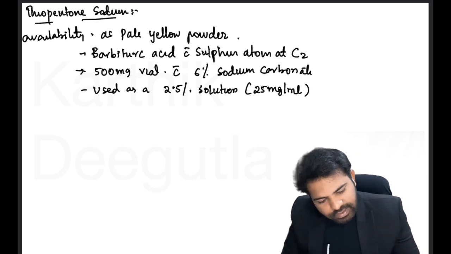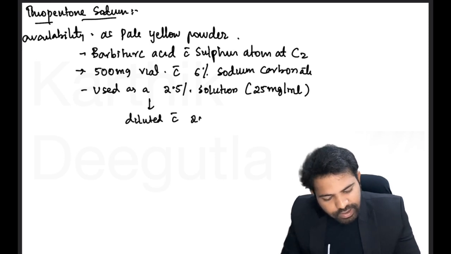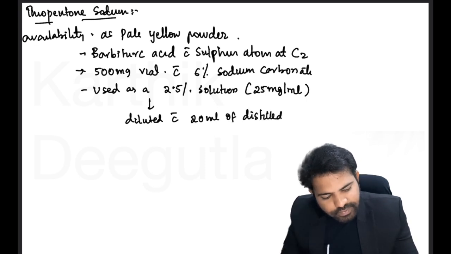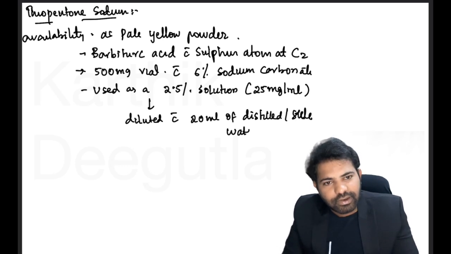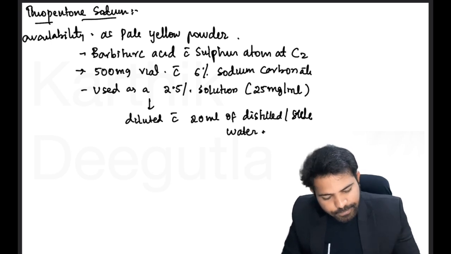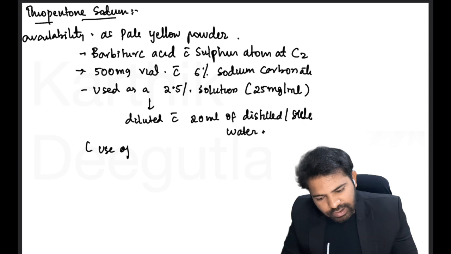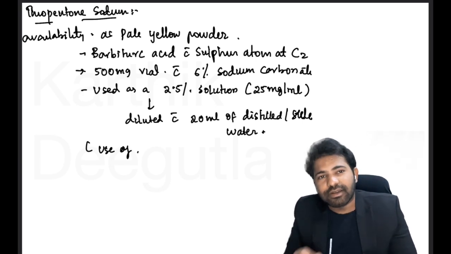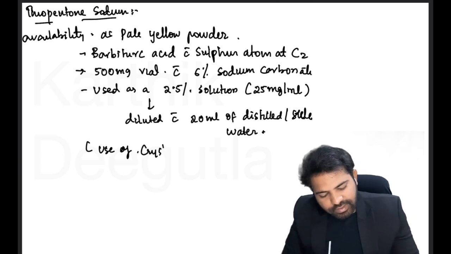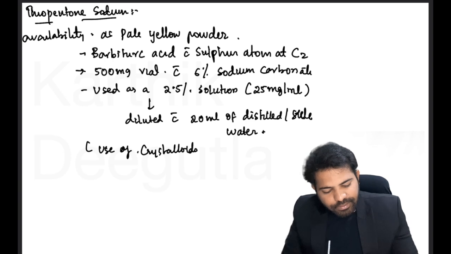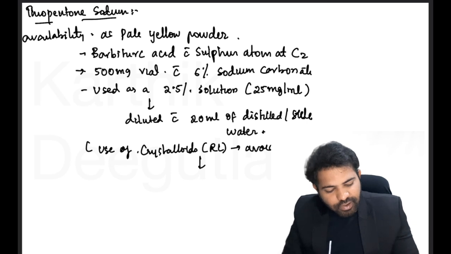Next, it can be diluted with 20 ml of distilled water or sterile water. Use of crystalloids, for example Ringer lactate, is avoided for mixing thiopentone sodium powder because it can cause formation of precipitate.